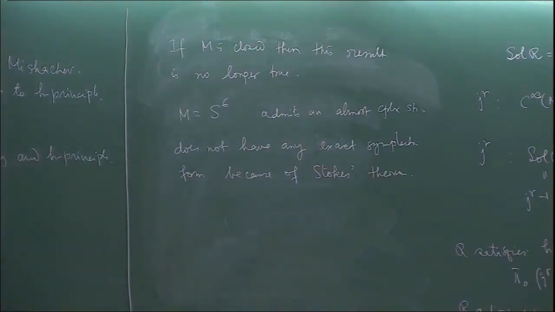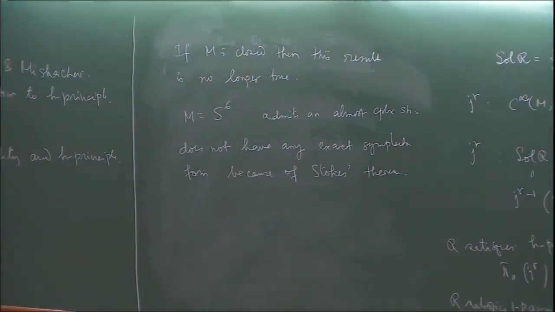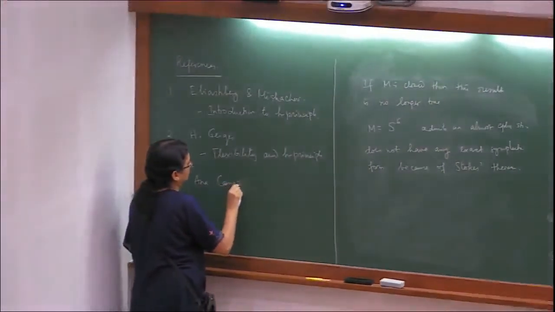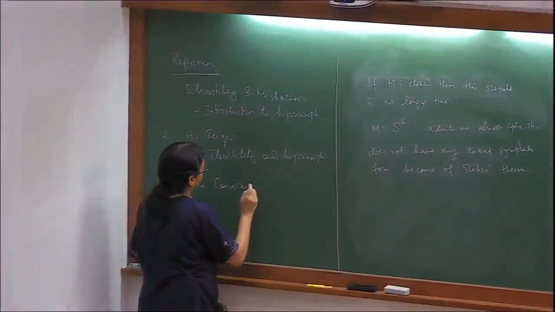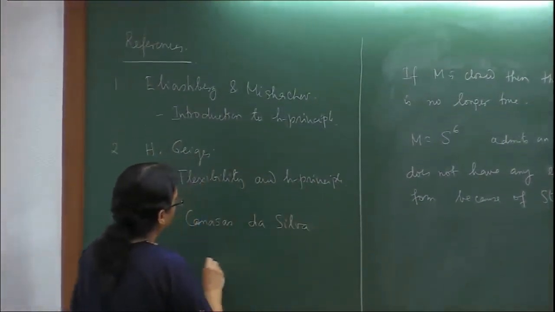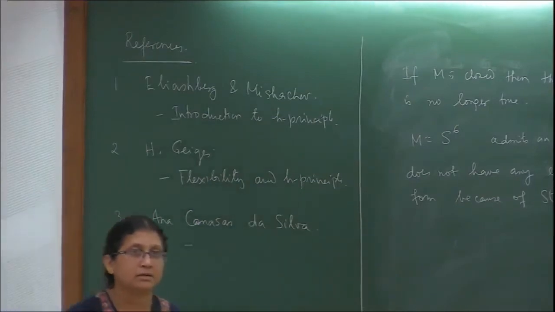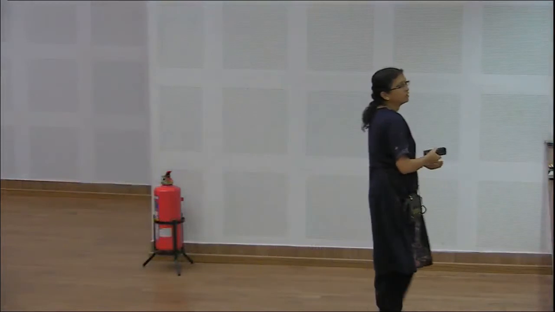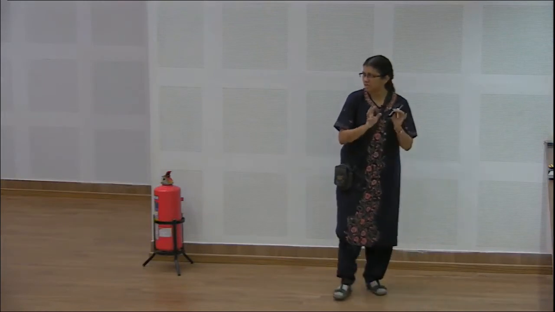You can see the book by, again I don't remember the name. It's a very small, very nice book on symplectic geometry, but it needs some construction. It's not very immediate.